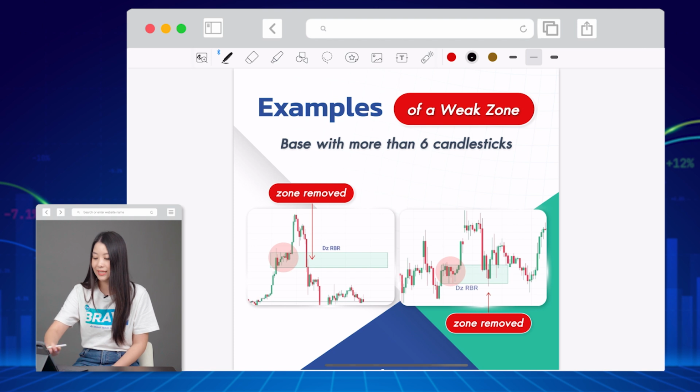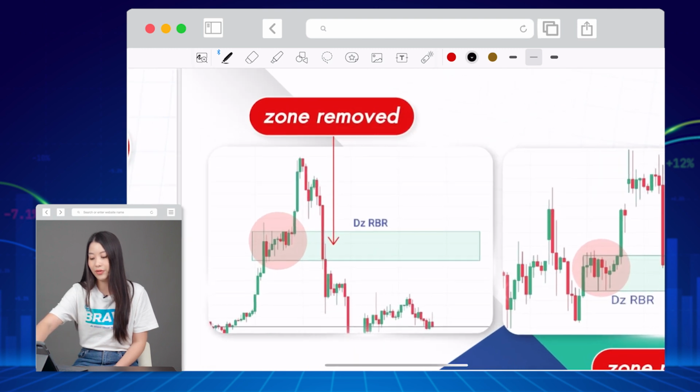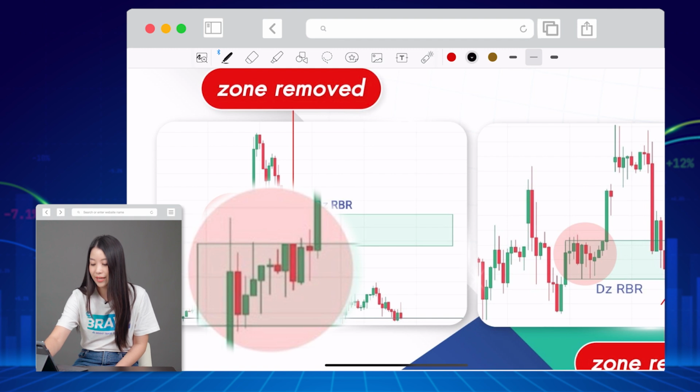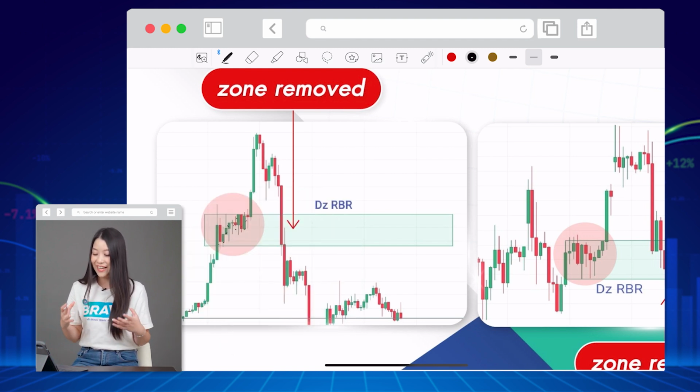I have another example of a weak zone that has a base of more than 6 candlesticks. In this picture, you have the base here: 1, 2, 3, 4, 5, 6, 7, 8, 9, 10. That's a lot. So you have 10 candlesticks there, and that makes the zone really weak.